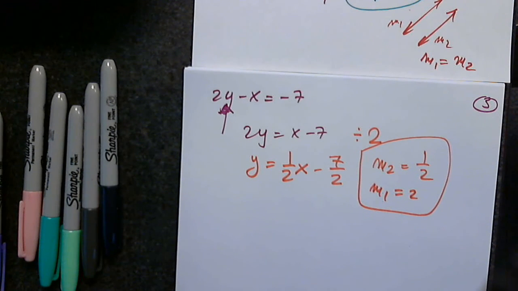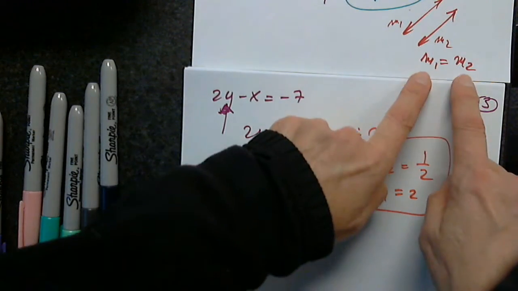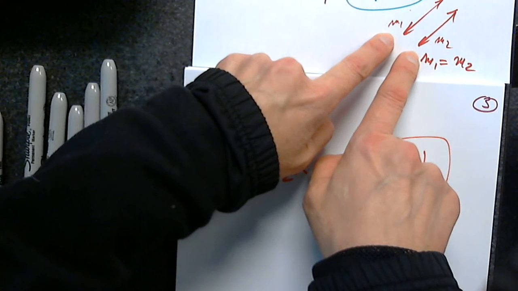If they're not the same, are they perpendicular? We cannot conclude that. But we can conclude that since the slopes are not the same, the lines are not parallel, correct?